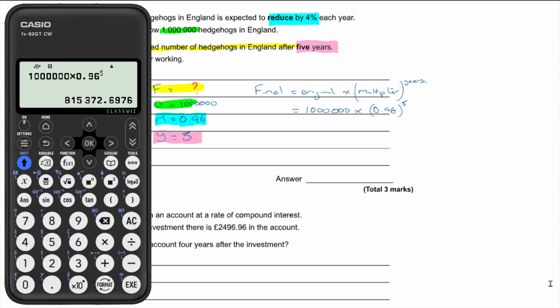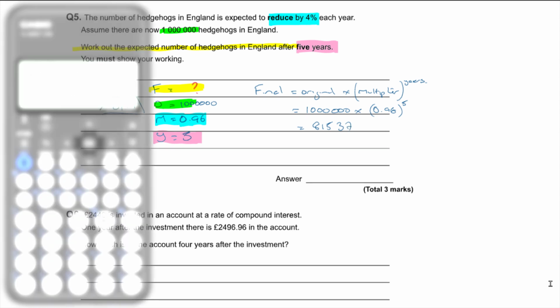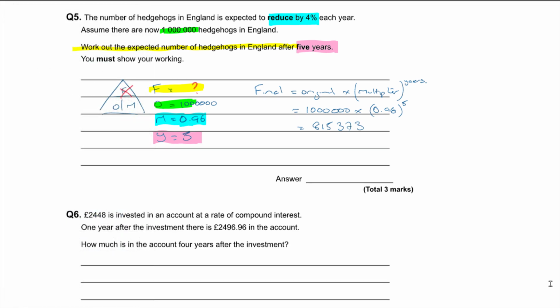So that's 815,373 hedgehogs remaining. 815,373. Okay.